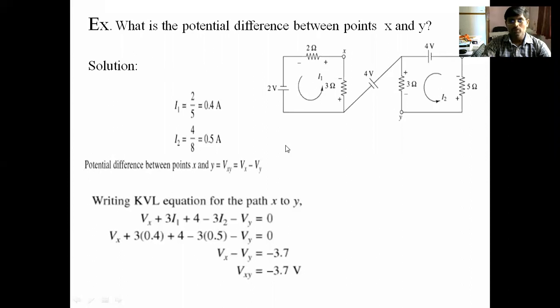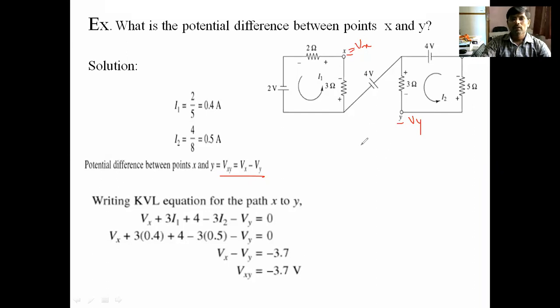For this given problem, he asked us to find the potential between X and Y, which is called VXY. Potential at X is equal to Vx. Treat this as Vx and treat this potential as Vy.